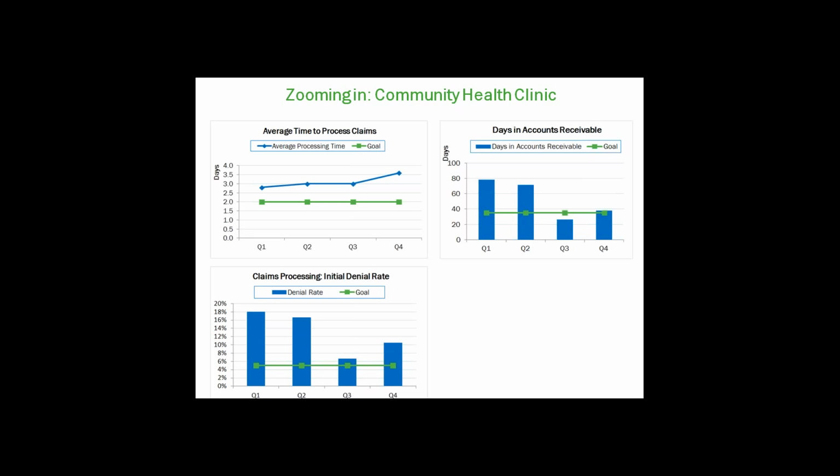So Ruth, any questions on this particular aspect of the dashboard, more around the process or anything else with the community health clinic? Yeah, I think community health clinics are of course very sensitive to aging of accounts receivable and that kind of thing.